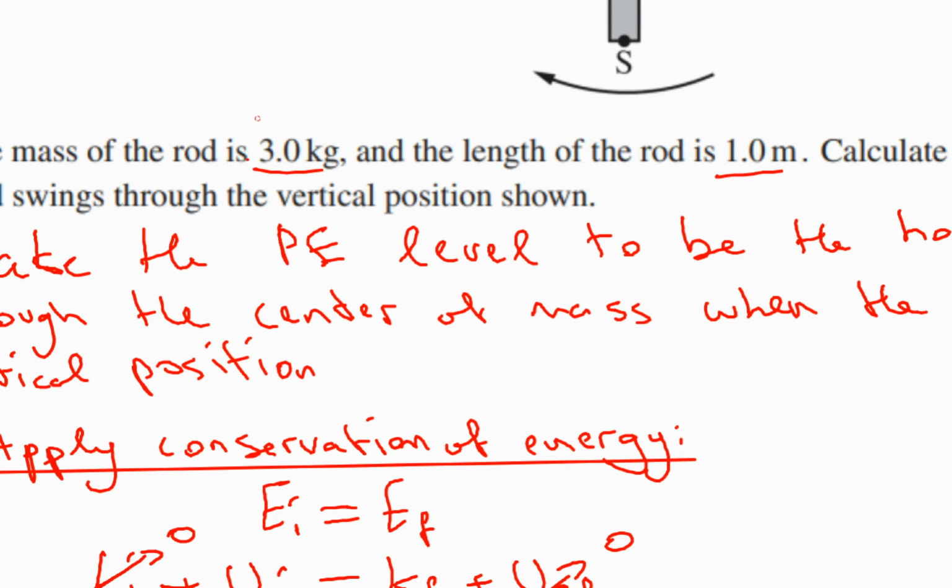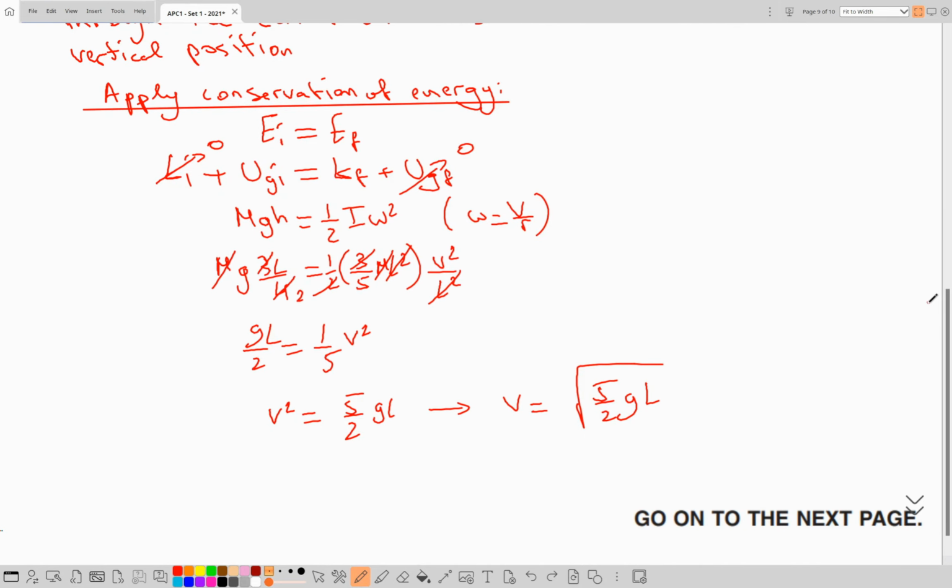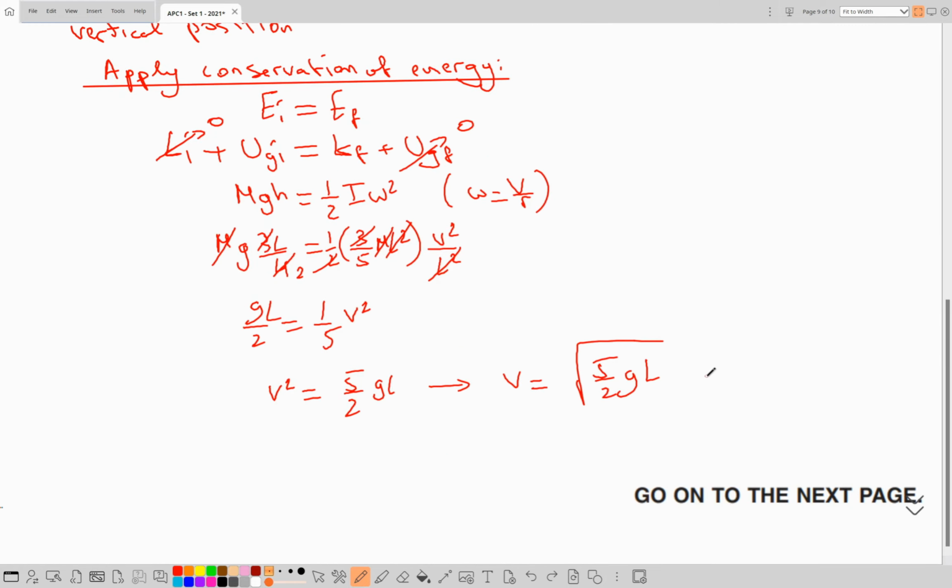Notice that they gave us the mass, but there is no need for the mass. This is always a trick in AP. And the answer: the length is 1, then the linear speed of the point S in the final position is approximately 4.95 meters per second.